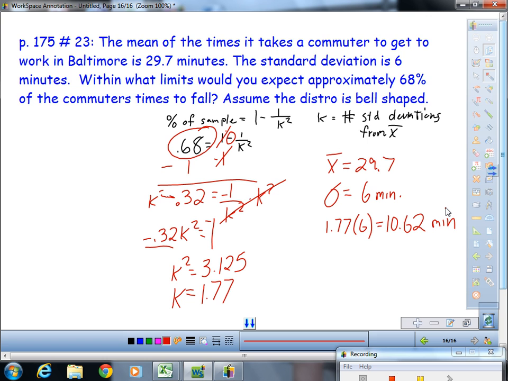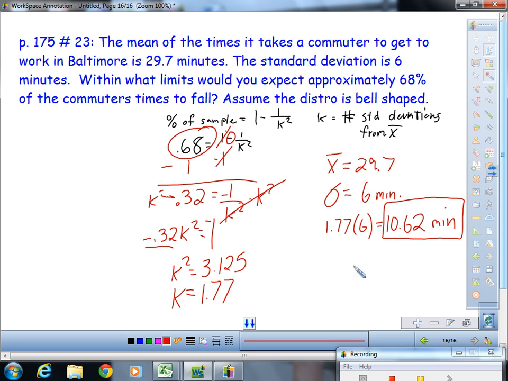All right, so now we just have to understand what we're doing. If we go above or below our mean by 10.62 minutes, those numbers will represent where 68% of the people fall.